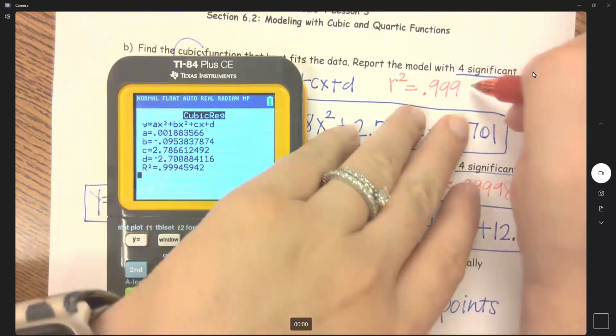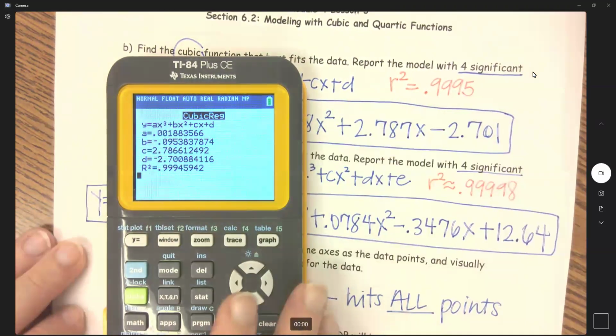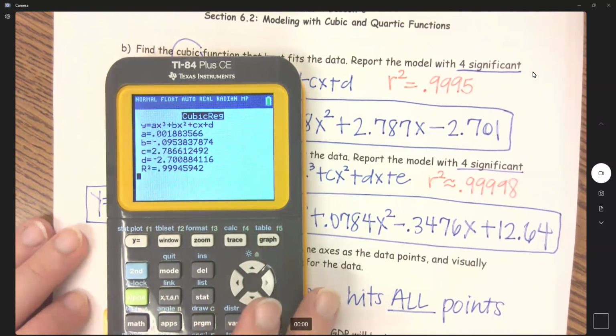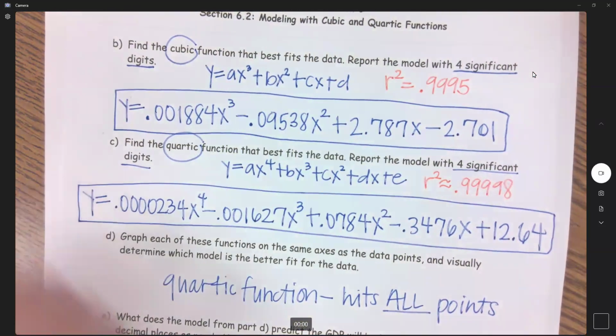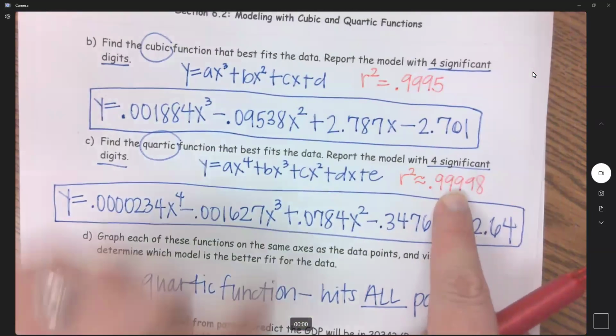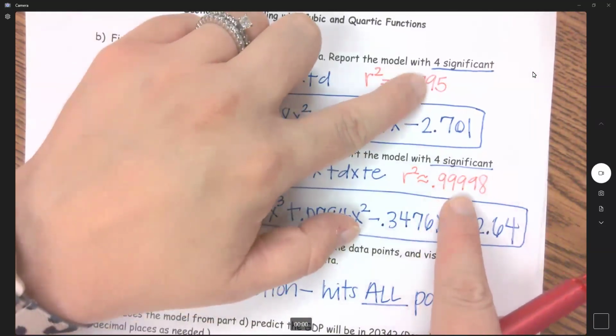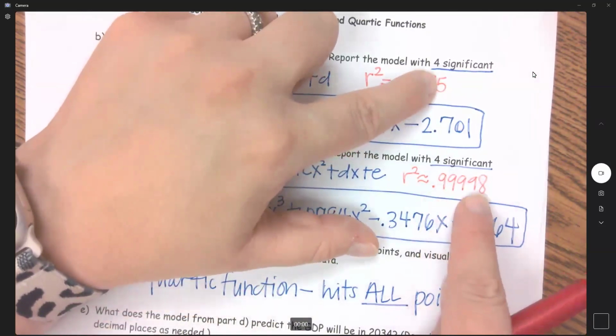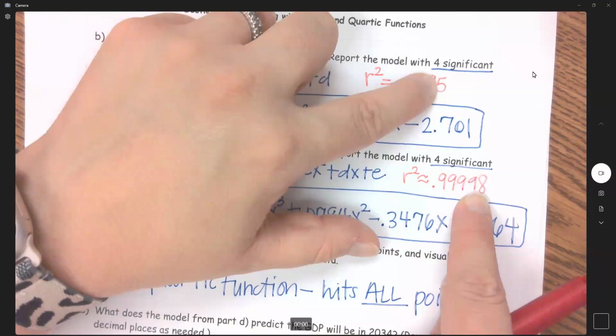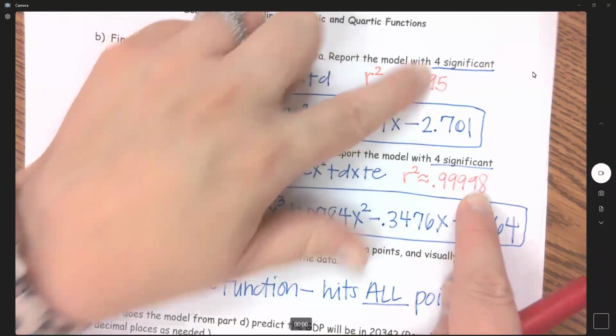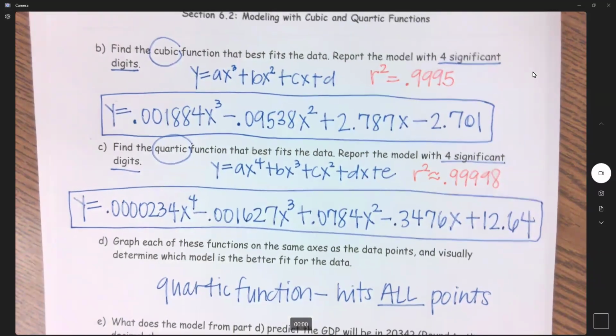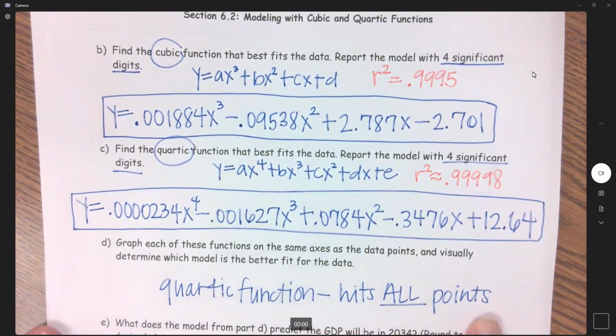That 5 will make that 4 go up to a 5. But when you compare those R squareds to each other, you can see that this is much closer, right? You've got 9, 9, 9, but then 9 is closer to 1 than that 5 is right there. So you can use your R squared to compare if you don't want to use the graph right here.